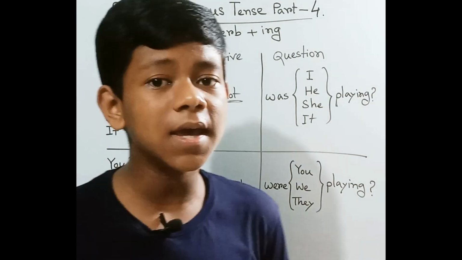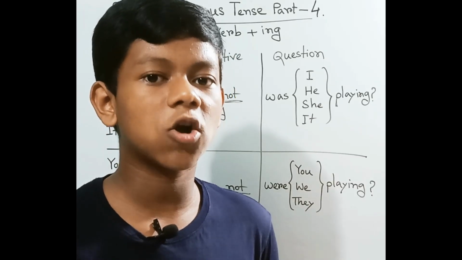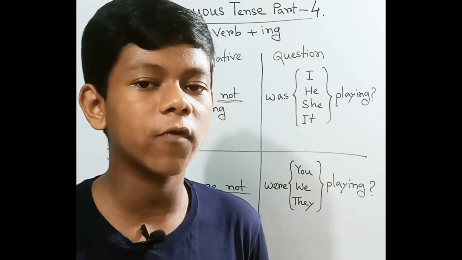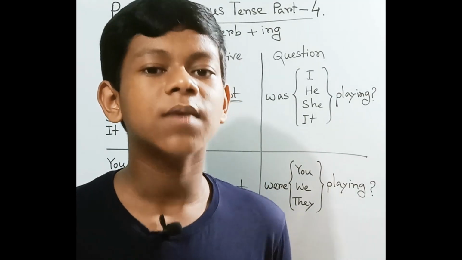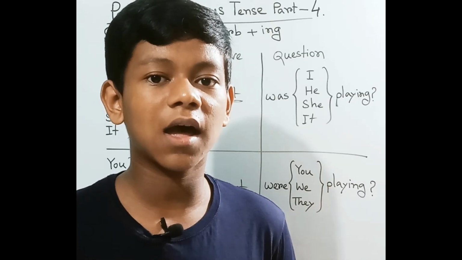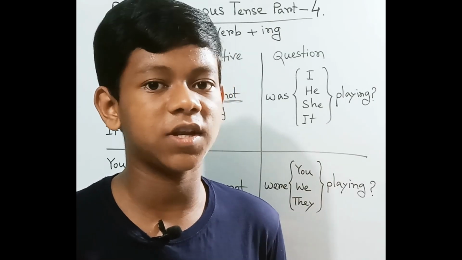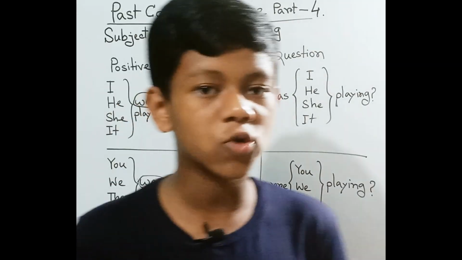Somebody can ask, can we form a contraction during the negative? Yes, you can, but we don't learn this in this video. We will learn this after the next video about the contraction form.